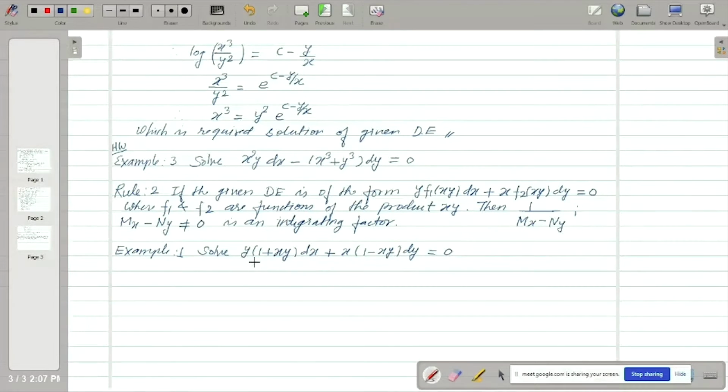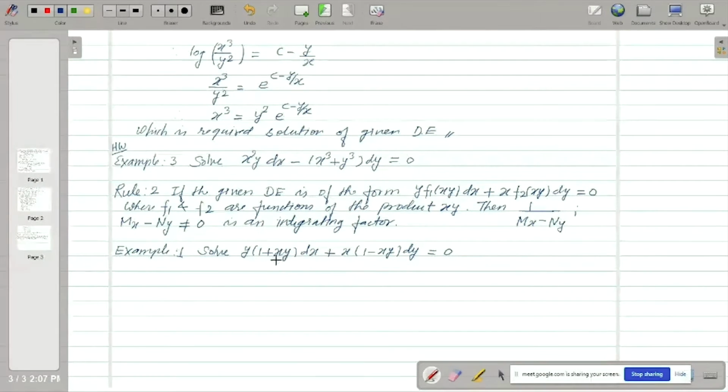Is the given differential equation of this form? Yes or no? Yes, sir. Why is this so? Because the first term contains the product xy and the second term also contains the product xy. So this is f2 and this is f1, and y is as it is y, dx is as it is dx, x is as it is x, and dy is as it is dy.